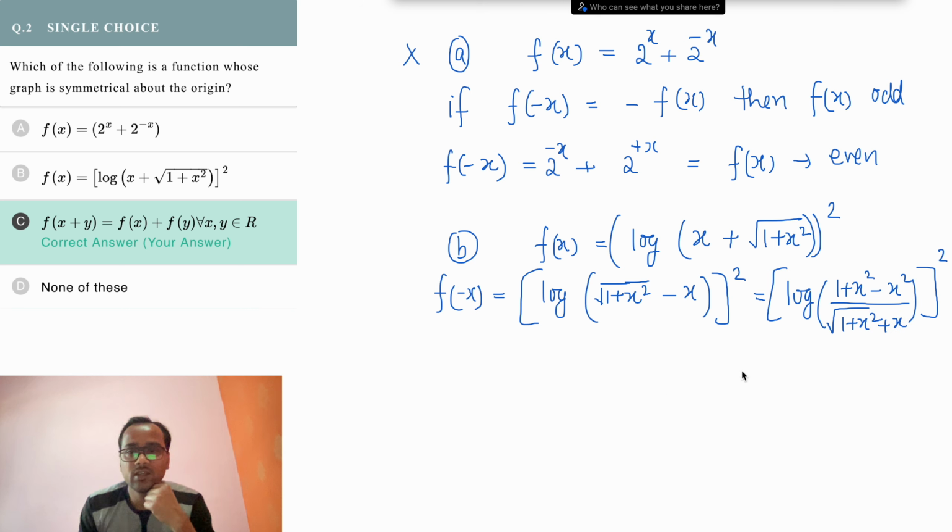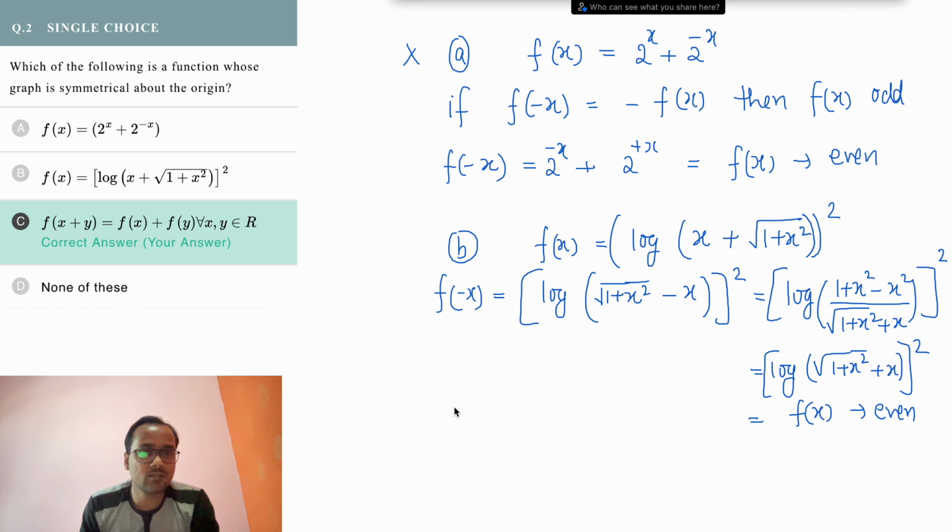So this is coming out to be log of 1 upon root of 1 plus x square plus x, that means root of 1 plus x square plus x raised to the power minus 1. That minus 1 will come here, and because of the whole square it would be plus. That means we are again getting the same function f(x), so this function is an even function. So it is also not an odd function.